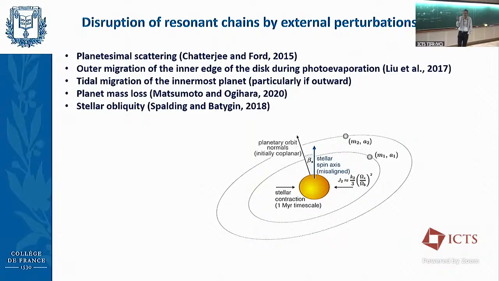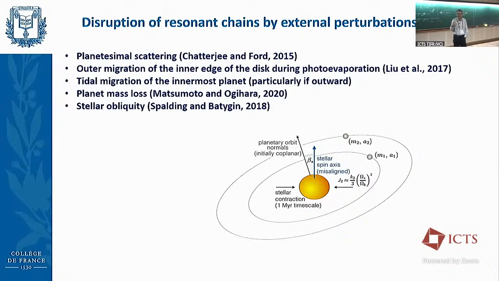But nature is, of course, much more complicated than the simple numerical schemes. So there can be other effects that I call external effects that can drive the instability of the chains.